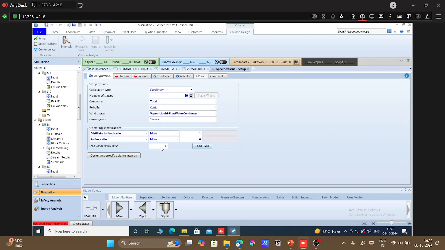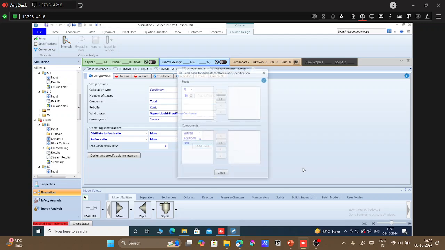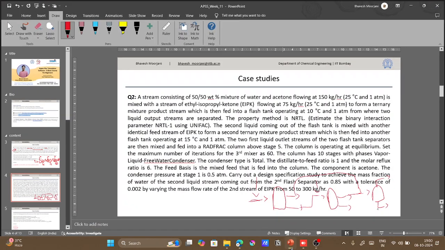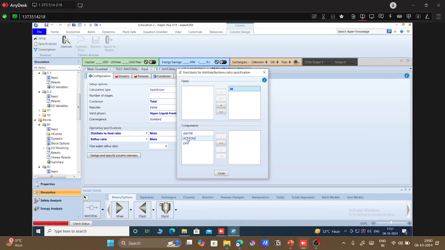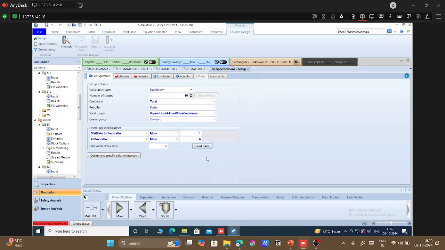So here you can see you have feed basis. Feed basis is mixed, which is the mixture that has been provided to the column, and the component is acetone. Now what does it mean? If we are not sure, we will take the help here.